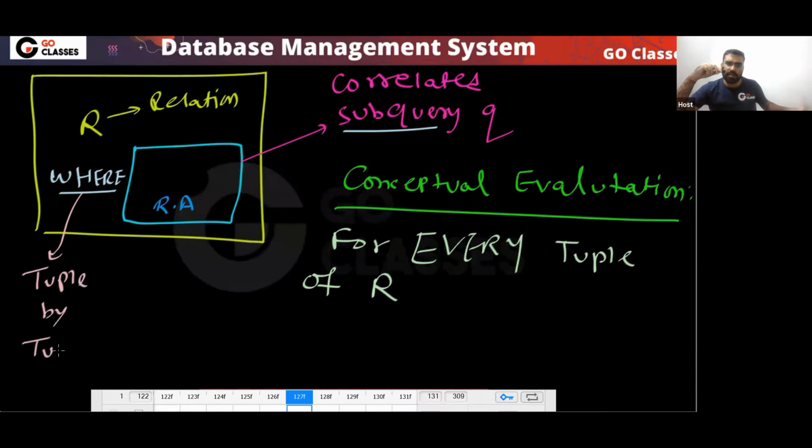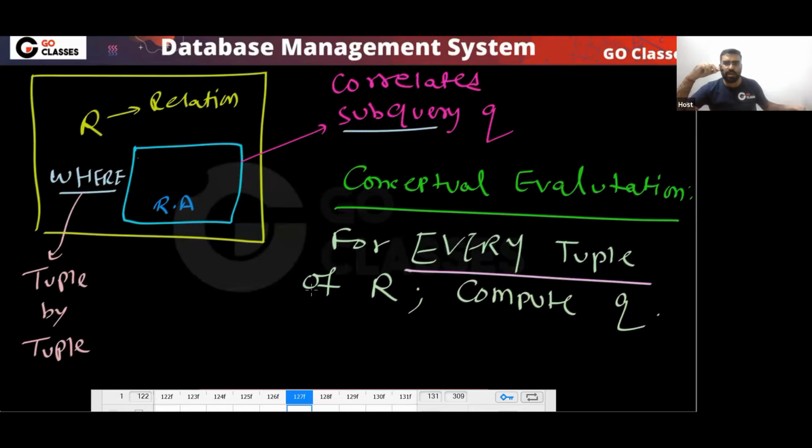So if you use this in the where clause, I can say that for every tuple of r, you will compute q. For every tuple, one by one, you will compute q.